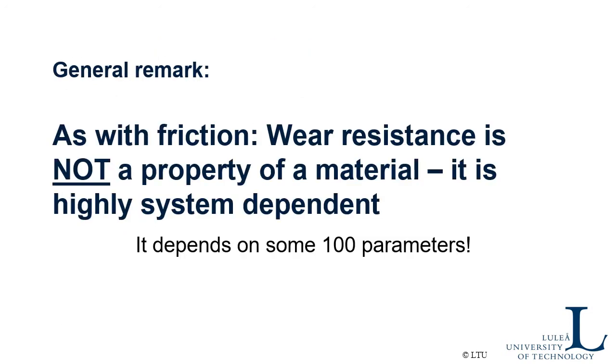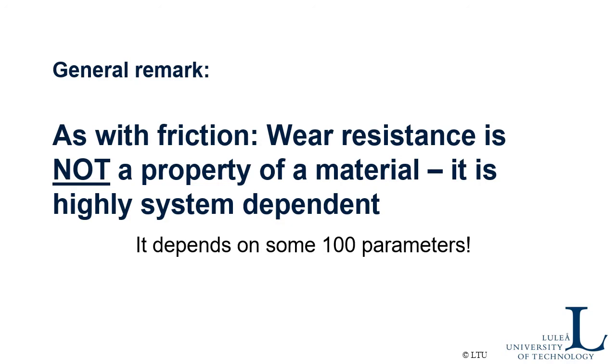As with friction, I must tell you this, and this is very important, of course. Wear resistance, or the processes of wear, is not a material property. It's the same as with friction. One material, one surface cannot have a certain friction. One material, one surface doesn't have a certain wear resistance or wear rate.